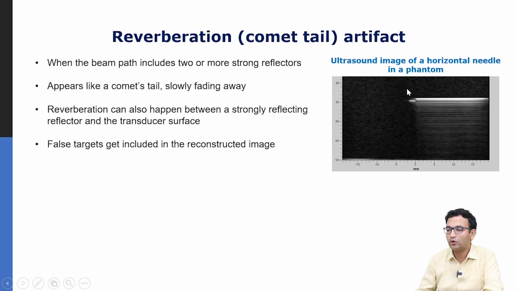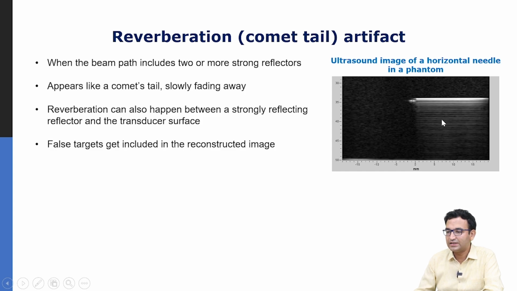Here is an example of the comet tail artifact caused by multiple reflection or reverberation. So, this is a needle inserted in a phantom, and because this needle is such a strong scatterer being metal, there is a large acoustic impedance mismatch and the needle signal bounces off the transducer face and you get these streaks or this reverb like artifact.